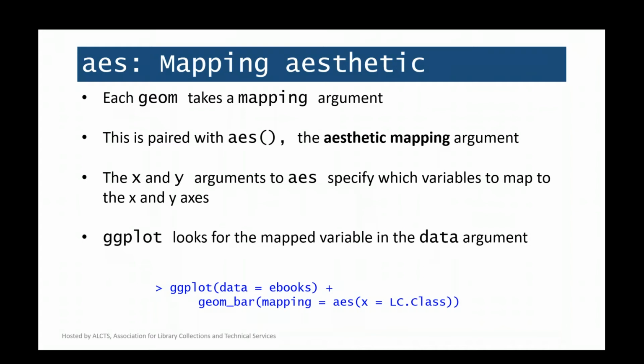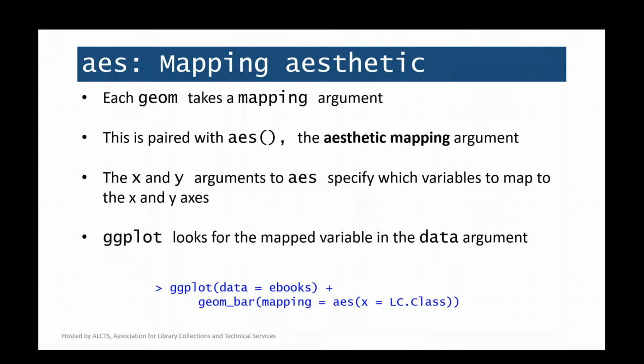Each geom takes what's called a mapping argument, and that mapping argument is paired with aes, which is an aesthetic map. And what that means, what I'm doing here, if you look at that expression there at the bottom, I'm mapping LC class to the x-axis. That's why it appeared down there, A, B, C, D, E, F, G, along the x-axis.